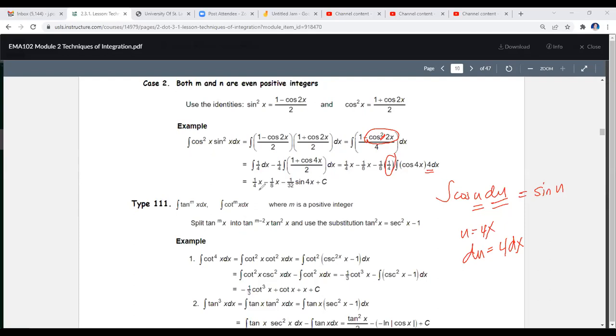The 1/4 x minus 1/8 x here could be simplified further by writing 1/4 minus 1/8 is 1/8 x minus 1/32 sine of 4x plus c. So that's the simplified final answer for our example for type 2, case 2.